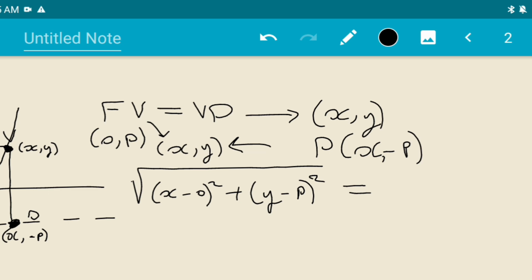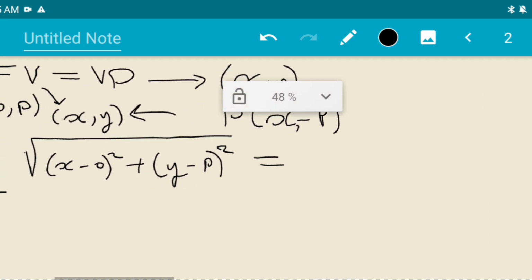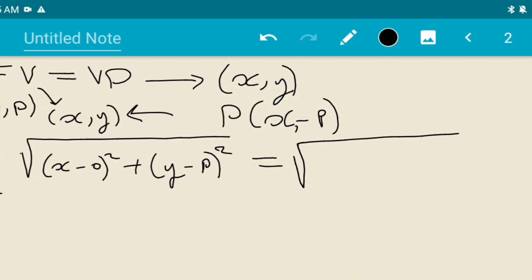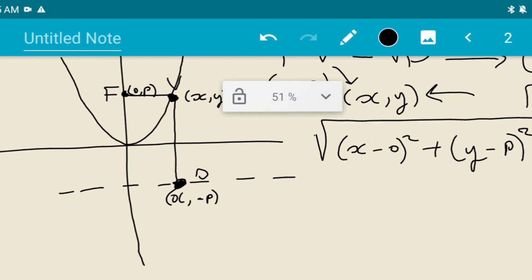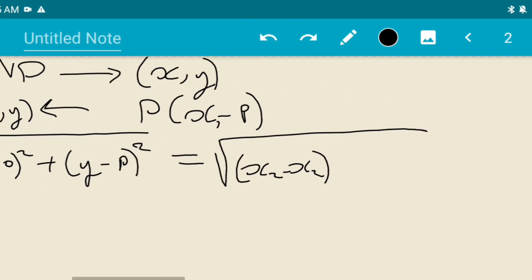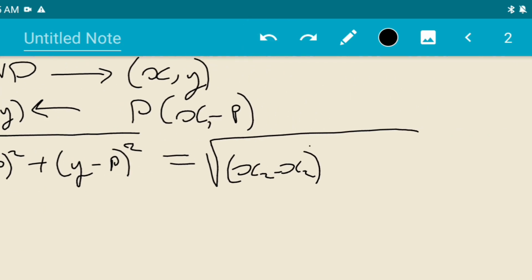Okay, so writing down the distance equation between these two, that would be the square root of x2 minus x1. Now this x2 and x1 are literally the same, because these lie on the same x-axis. So from here to here, this x is the same as from here to here. So x2 is the same as x1, so that will just be x minus x, which is 0, squared, plus y2, in this case just y.